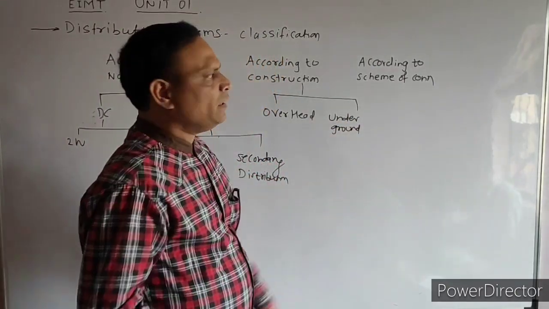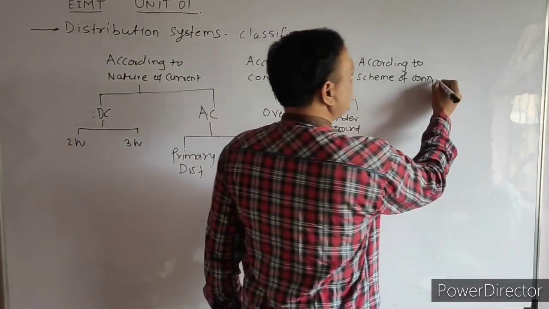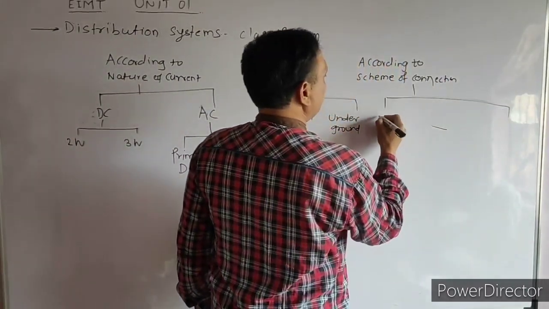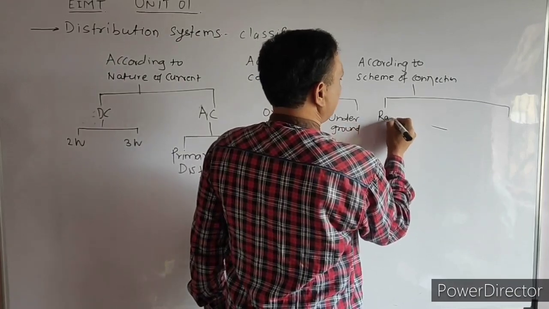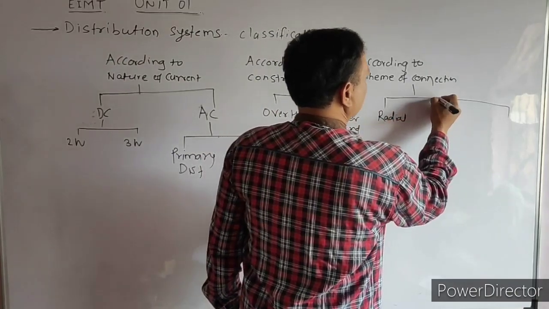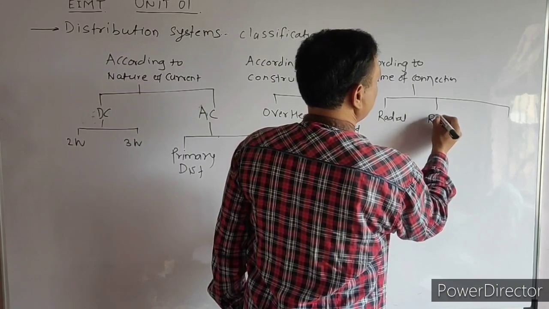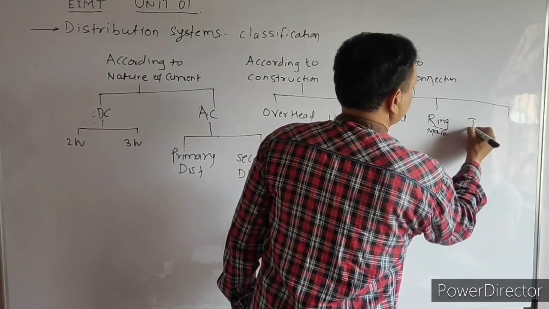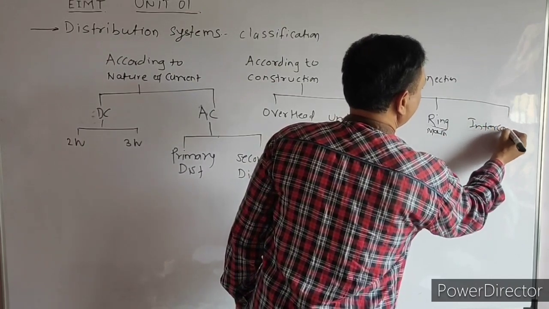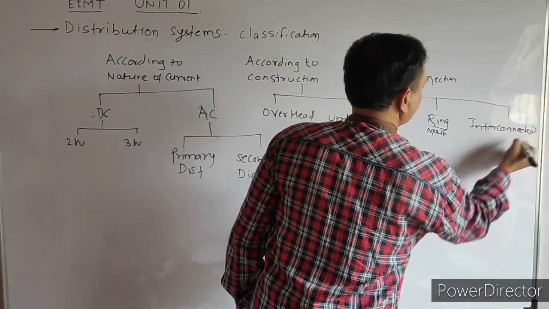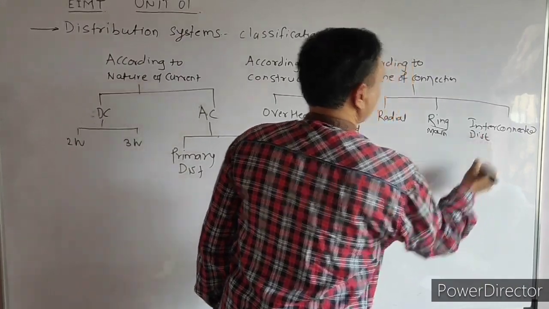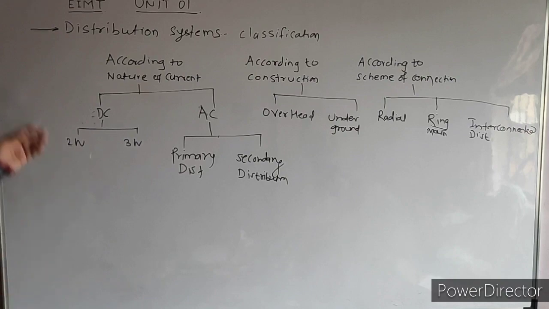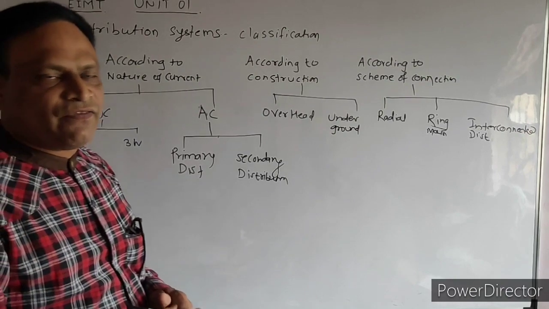And we have already seen according to scheme of connections, the system is classified into three parts, that is radial distribution system, ring main distribution system, and the third one was interconnected distribution system. So this is how the distribution systems are classified.